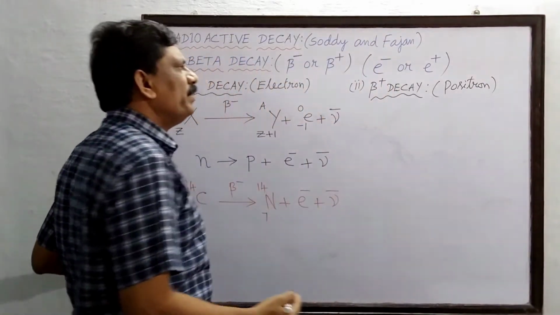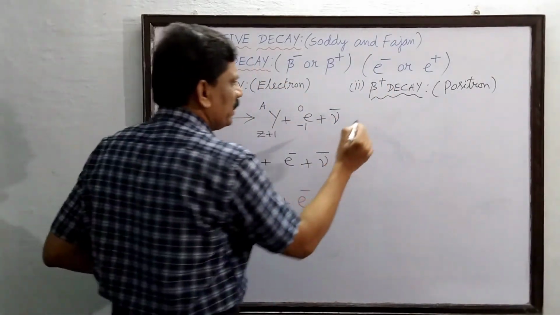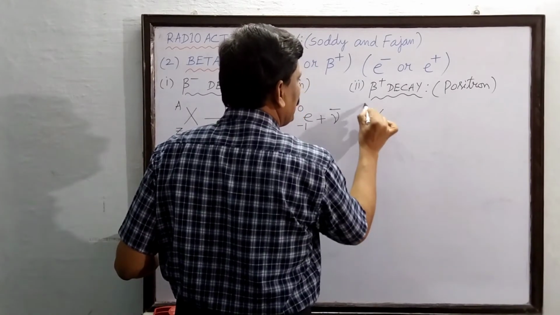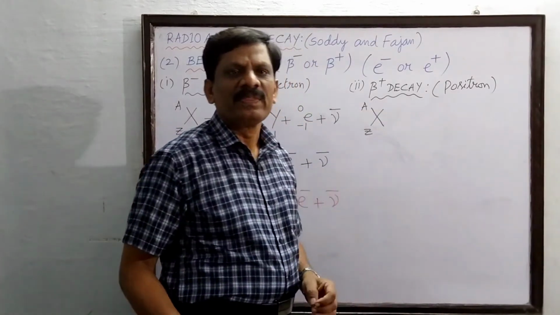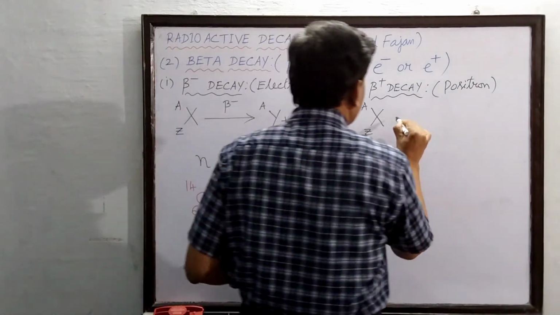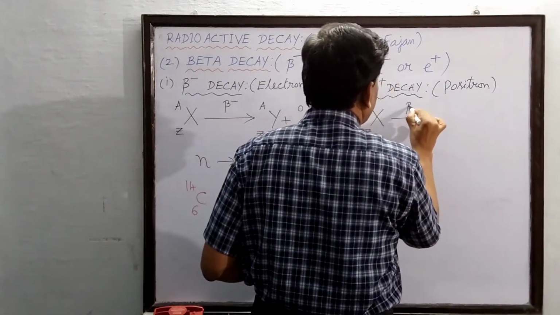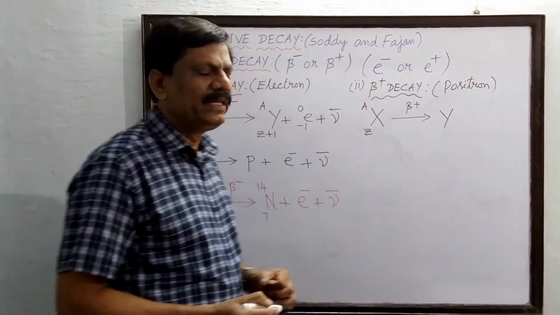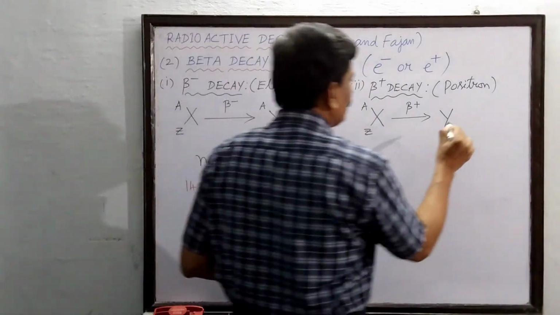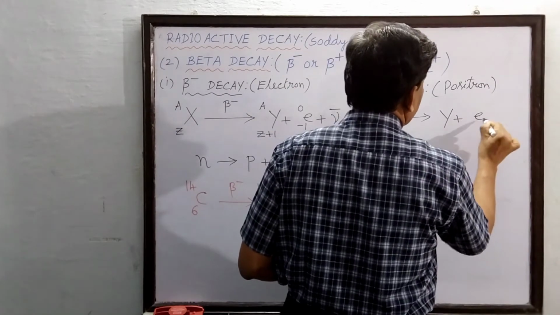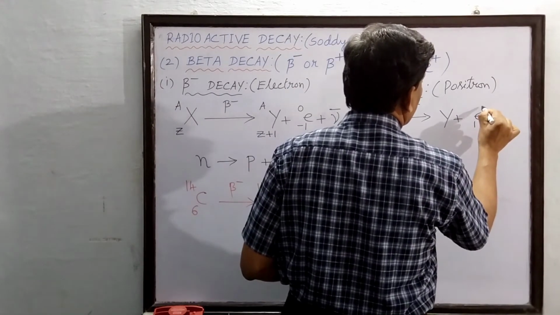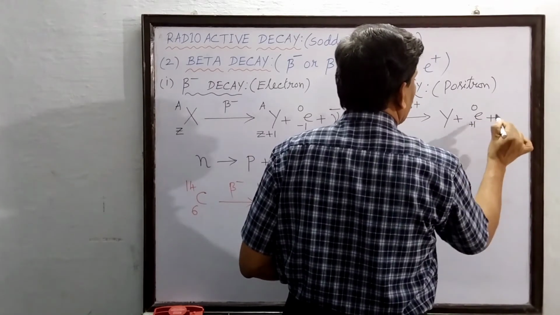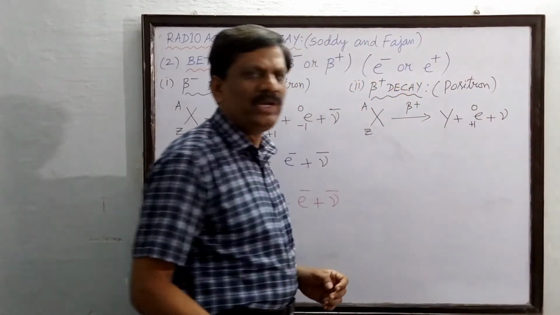So here also X is the parent nucleus having a charge number Z and a mass number A. Now it is emitting a beta plus particle, during which a daughter nucleus Y is formed, plus a positron denoted by e, +1, 0. Along with this, a particle namely neutrino is emitted.